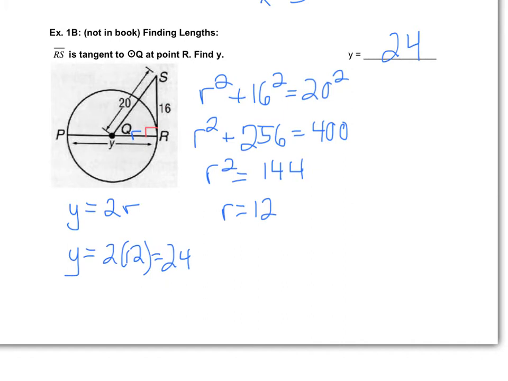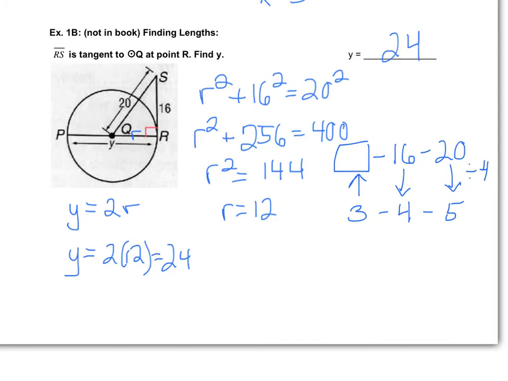If we thought of this as a triple that needed to be filled in, and we divided by that common factor of 4, the 20 would lead to a 5, the 16 would lead to a 4, and oh look, there's that 3, 4, 5 triple again. Multiplying back by 4, you get 12 for that r. So again, Pythagorean triple coming into play. So that's finding lengths.